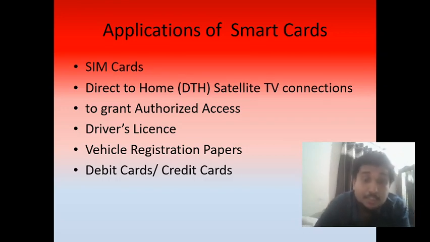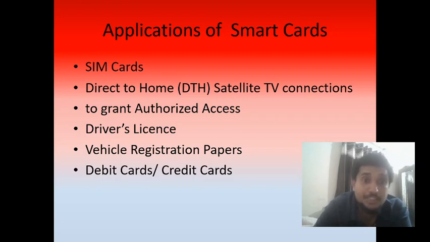But these days the machine tells you to please insert the card and make sure that the card is there in the machine till the transaction is over. The card is not given to you unless the transaction is complete, because these modern day cards are called smart cards. These are EMV chip based cards.